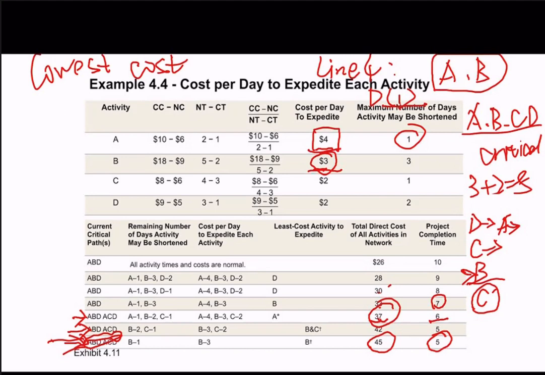And if you check your textbook on page 92, you will be able to see figure 4.12, which includes the total direct cost, the total cost, and total indirect cost. Because for the total indirect costs, we have $10, and we have another $5 per day if the total days exceed 8 days.